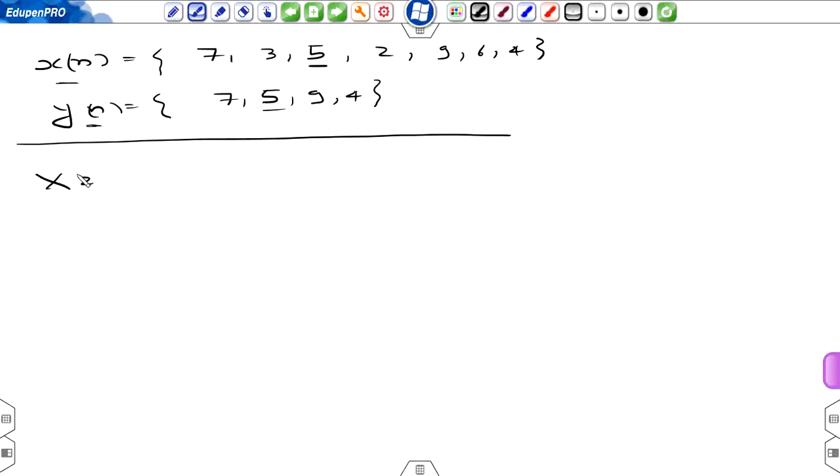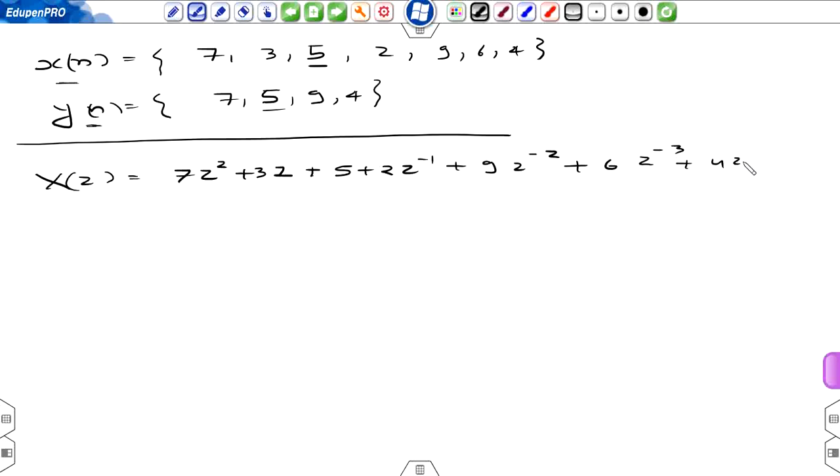So X(z) can be written as 7z squared plus 3z plus 5 plus 2z inverse plus 9z raised to power -2 plus 6z^-3 plus 4z^-4, and Y(z) can be written as 7z plus 5 plus 9z inverse plus 4z raised to -2.